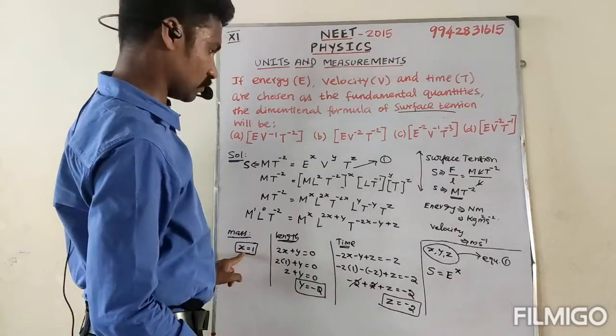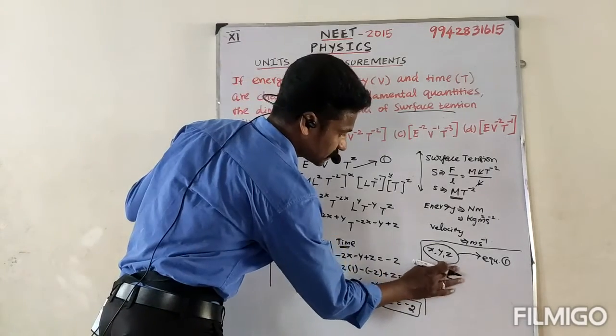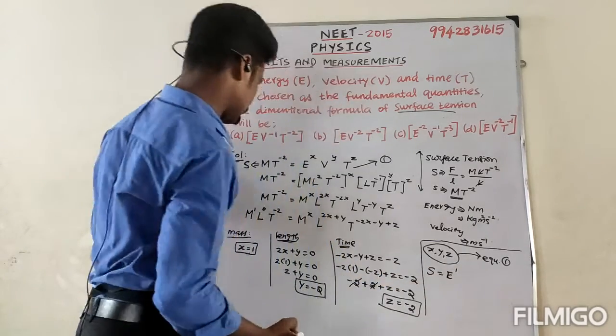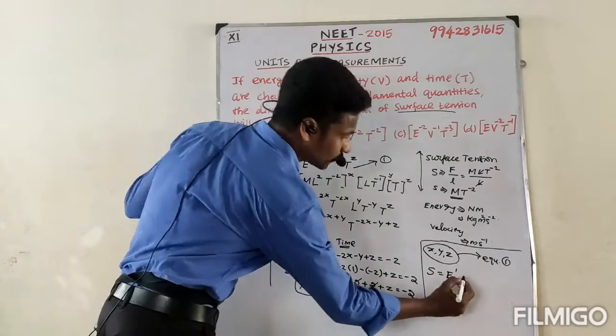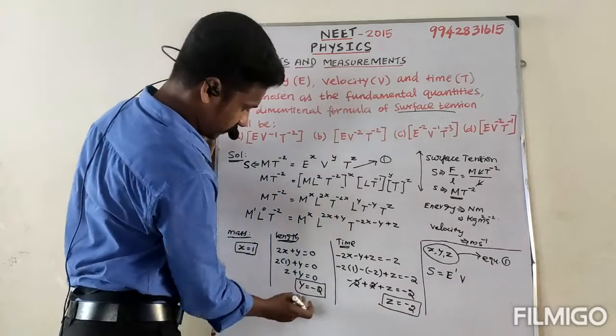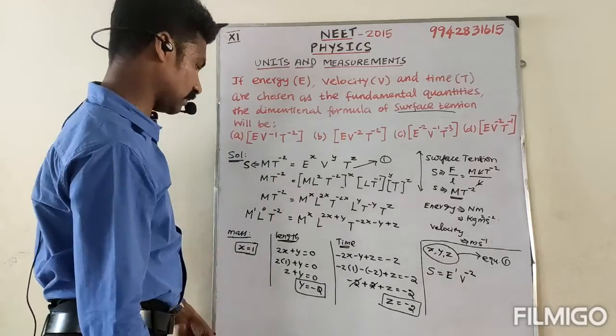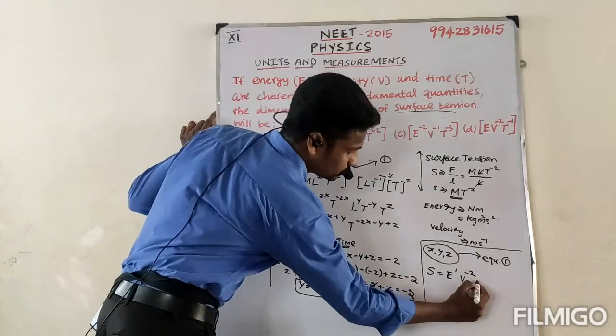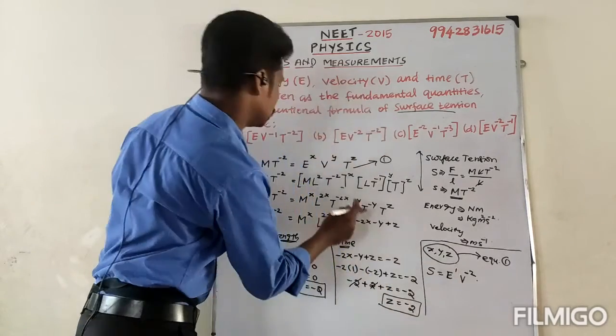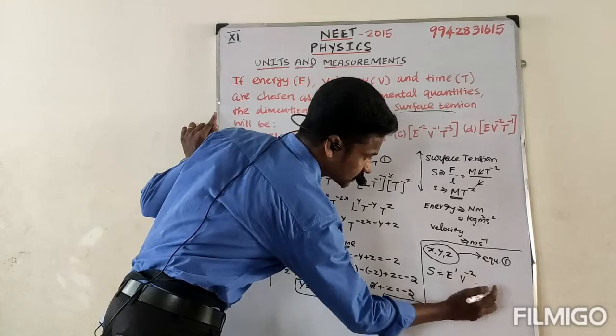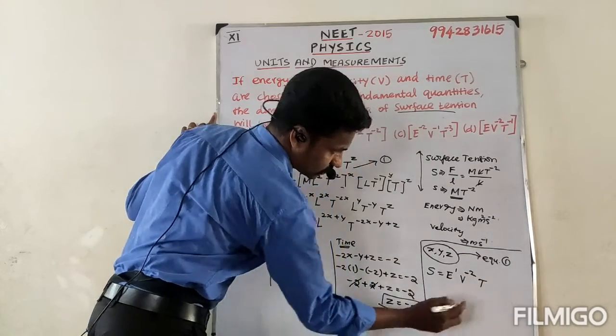Instead of X, what is that? 1. Next, V^Y, and Y is minus 2. Then the Z value, T^Z, Z value is what?